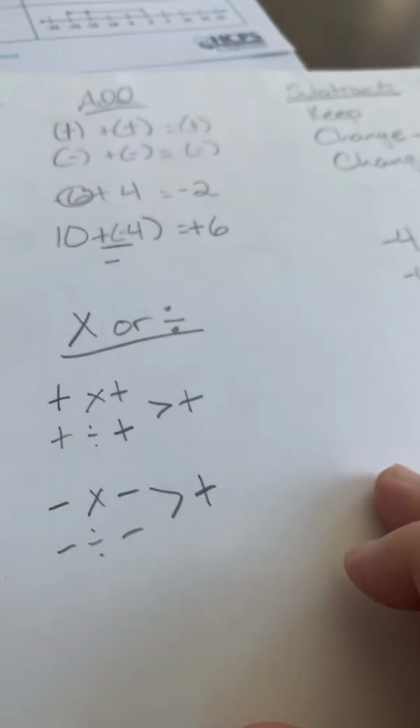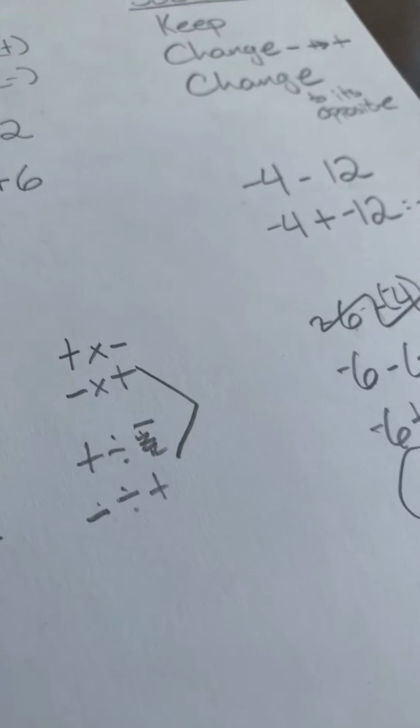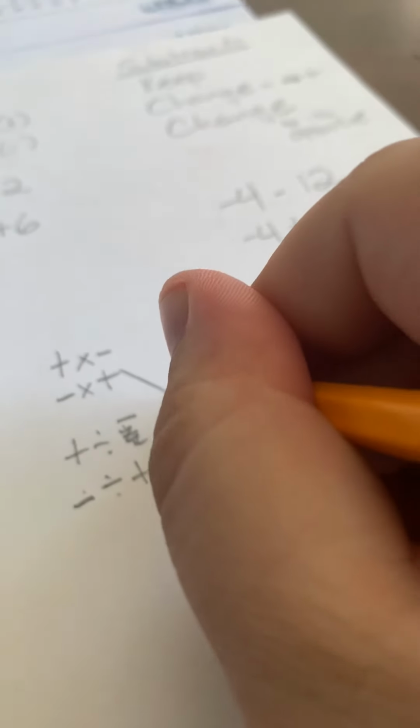If the signs are different, let's go over here. So if the signs are different, if I have a positive times a negative, negative times a positive, positive divided by a negative, or a negative divided by a positive, if the signs are not the same, my answer is going to be negative.